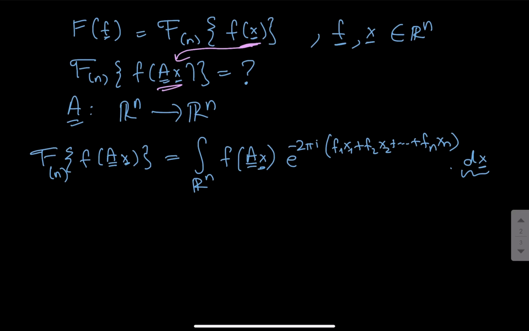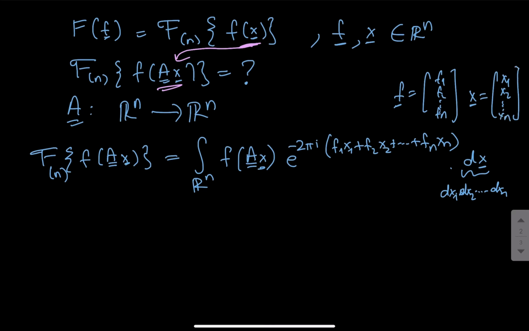Here dx is actually dx1 dx2 ... dxn, the multiplication, and f1, f2, ..., fn are the elements of the vector f, and similarly this is the vector x. So this summation in the exponent is actually f dotted with the vector x.